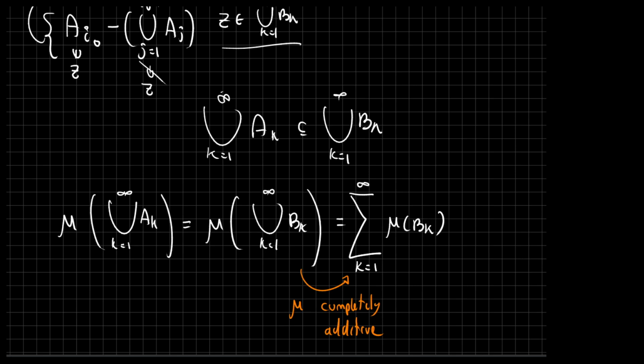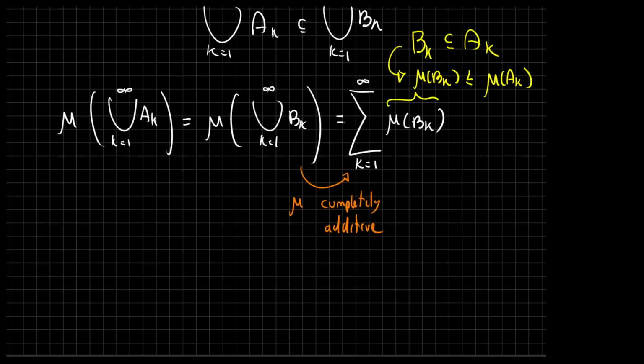So now what happens with the measure of every vk? We don't know if this measure is finite or infinite, but we do know that vk is a subset of ak in general. So in the previous video we talked about how this implies that the measure of vk is less or equal than the measure of ak, regardless if those measures are finite or infinite.